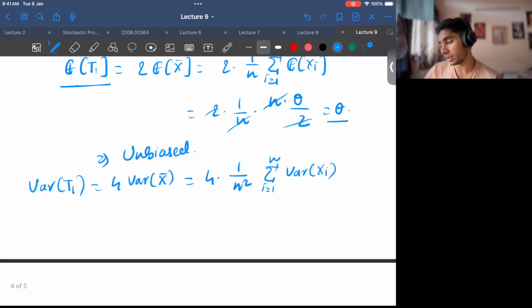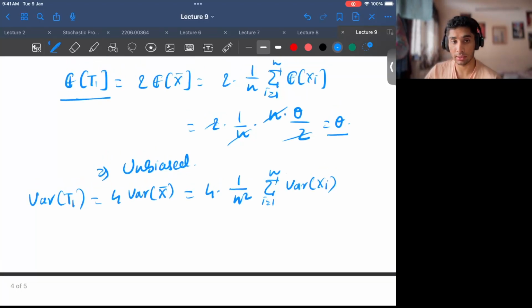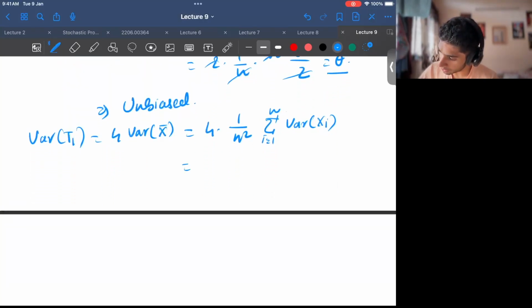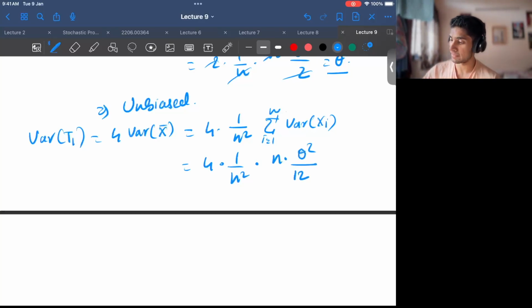Now, what is the variance of xi? I remember it: it's b minus a whole square by 12, so theta minus 0 square by 12, which is theta square by 12. We are summing n of them, so we get n times theta square by 12. So n gets cancelled, 4 3s are 12, and this becomes theta square by 3n.